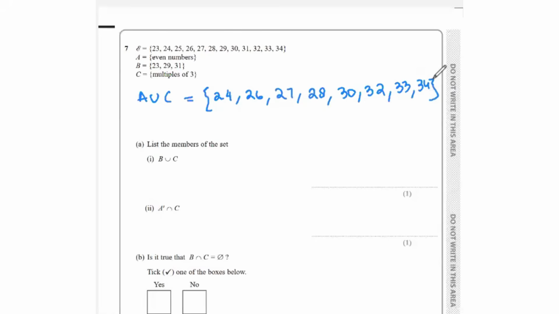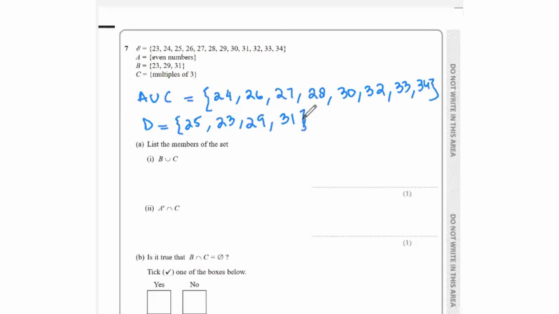That's A union C. So they're saying it's intersecting with D, and that is a null set. So then D would have been 25, 23, and 29, 31.